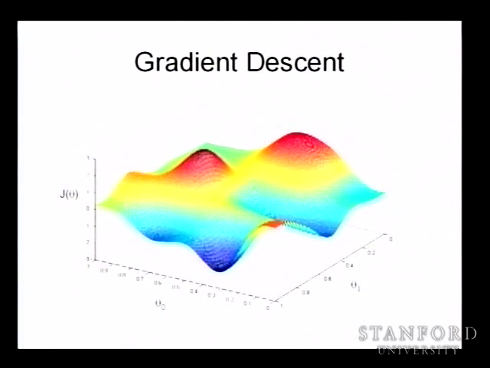You see on the display a plot, and the horizontal axes are theta 0 and theta 1. You want to minimize J of theta, which is represented by the height of this plot. The surface represents the function J of theta, and the inputs of this function are the parameters theta 0 and theta 1, written down here below.